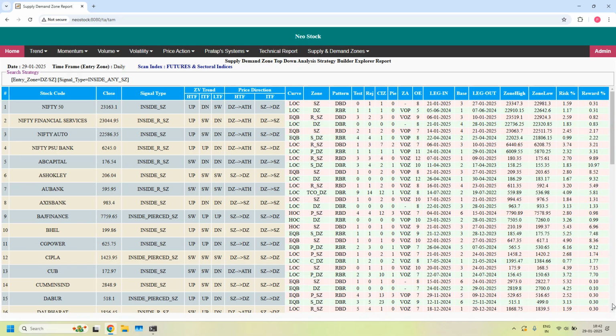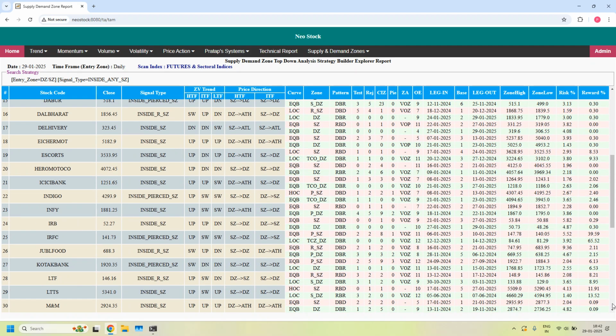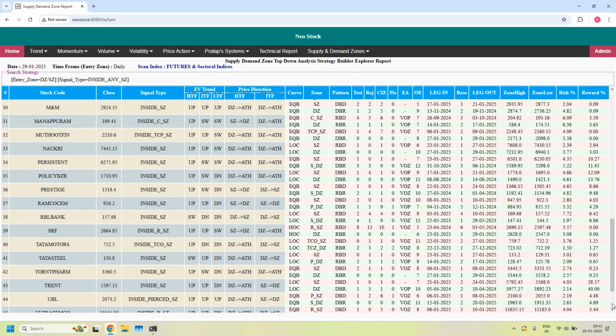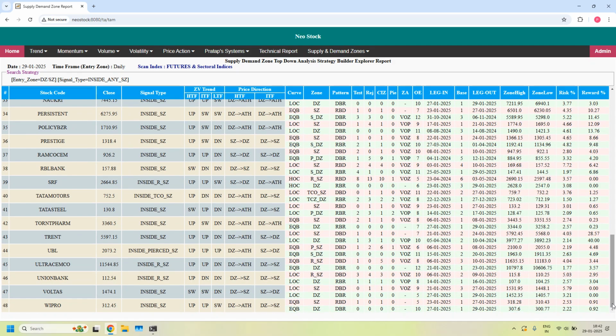I am scrolling the list down. So total 48 stocks are filtered.